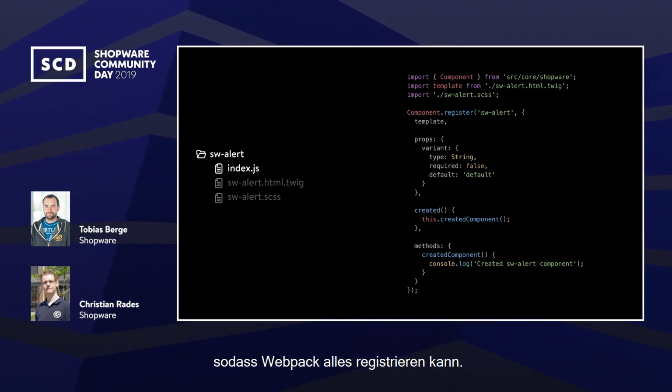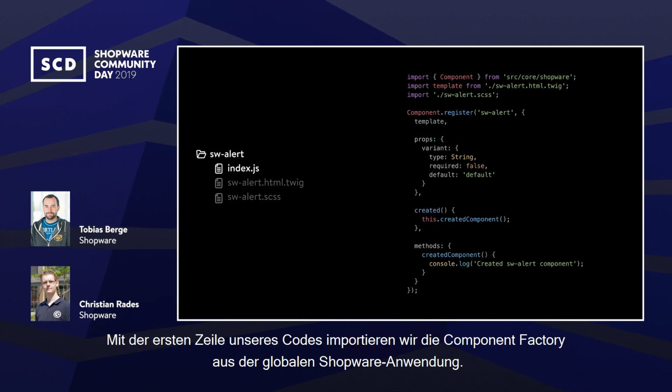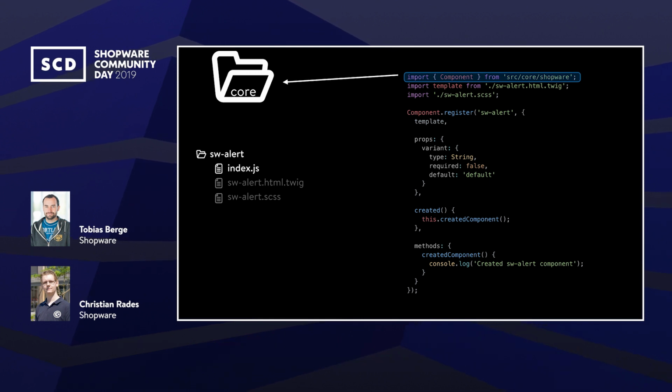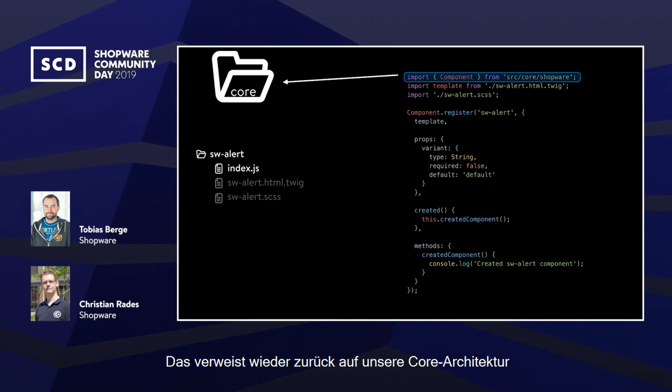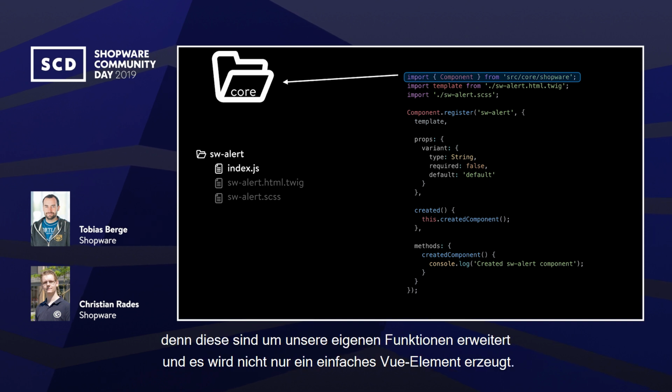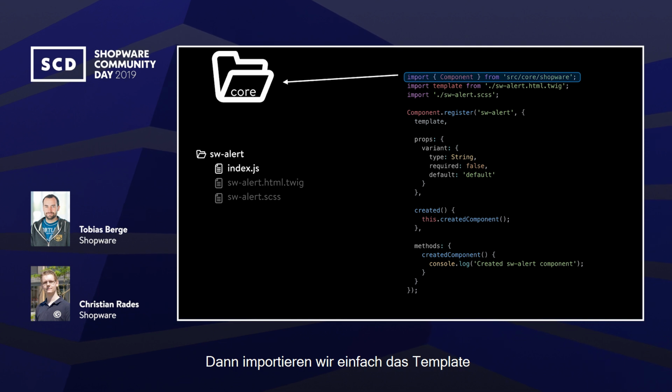Okay, first line in our code, we import the component factory from the global Shopware application. This again calls back to our core architecture, to our core components, because this is extended with our own functionality and is not just creating a simple view element.